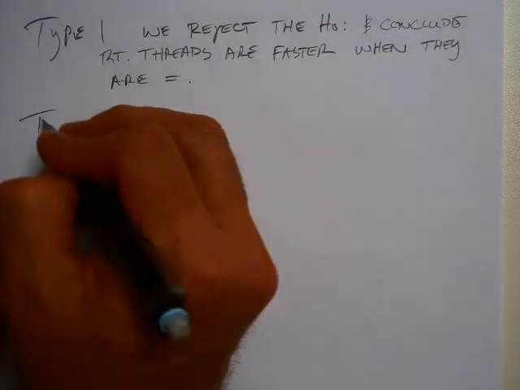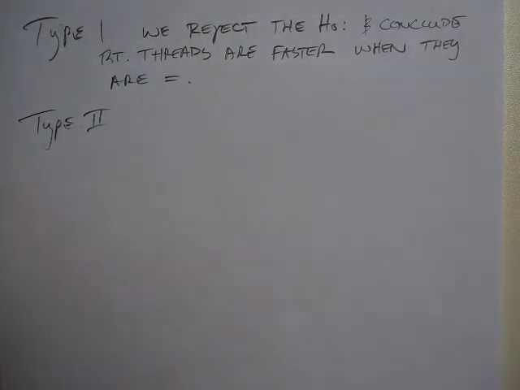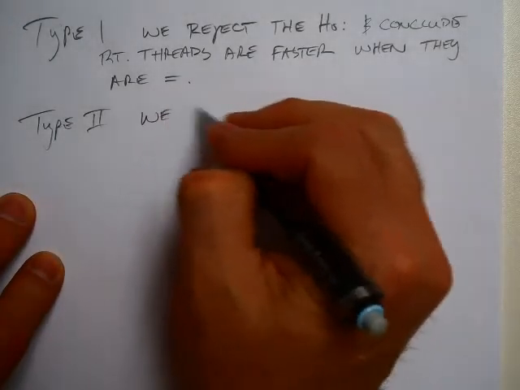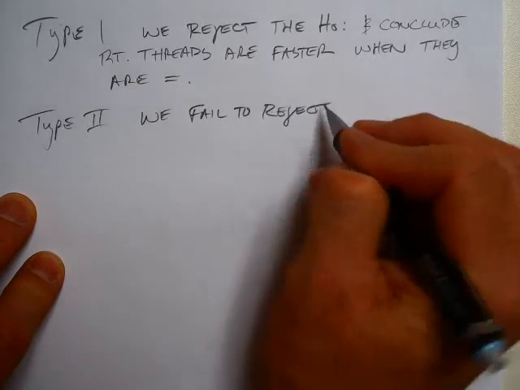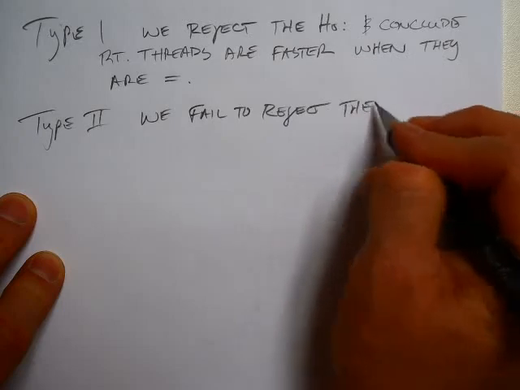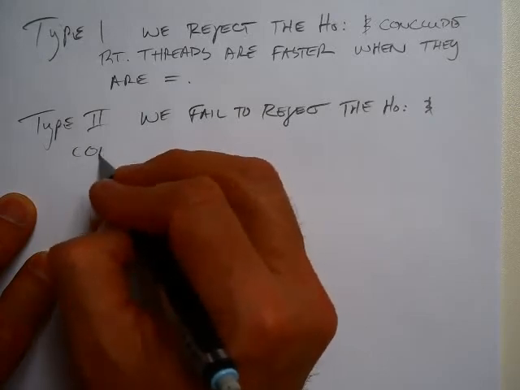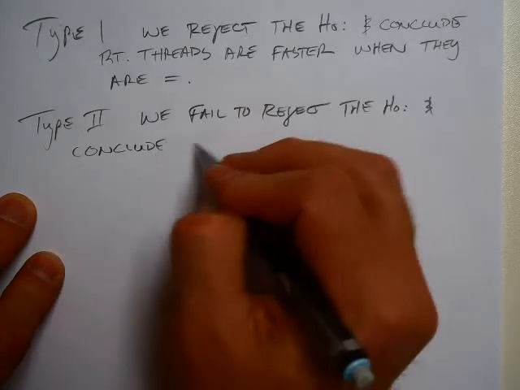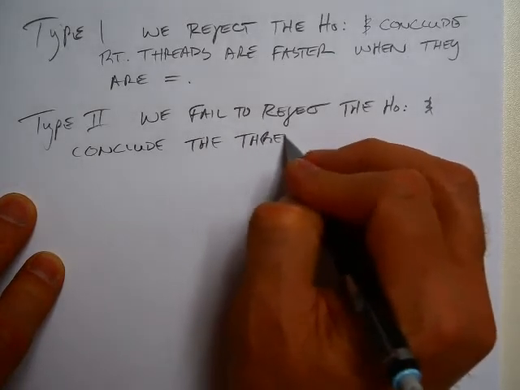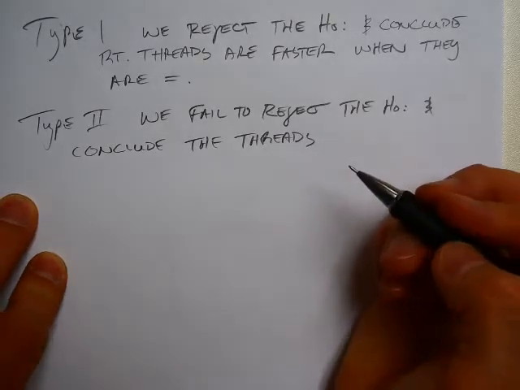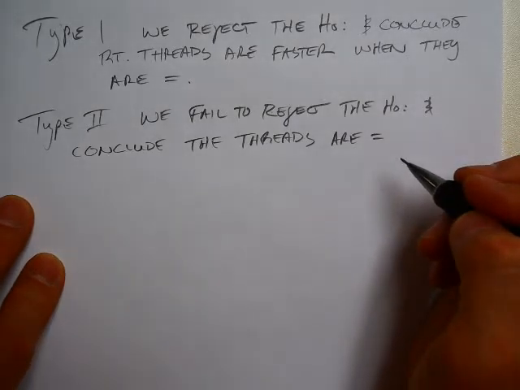A type 2 is the opposite of that. We fail to reject, the threads are equal, when the right threads are actually faster.